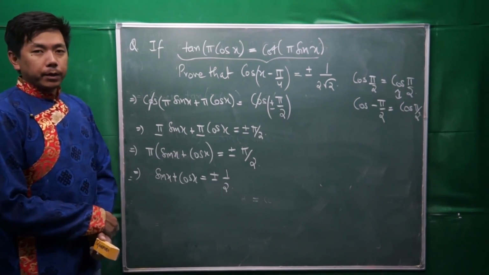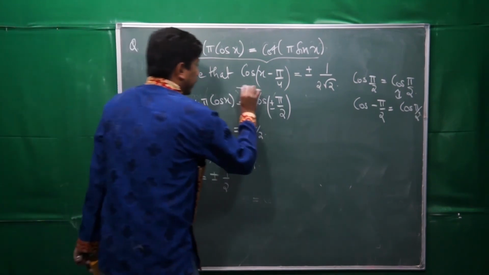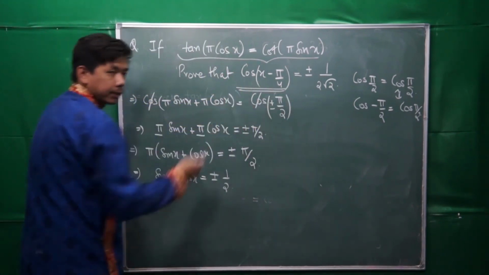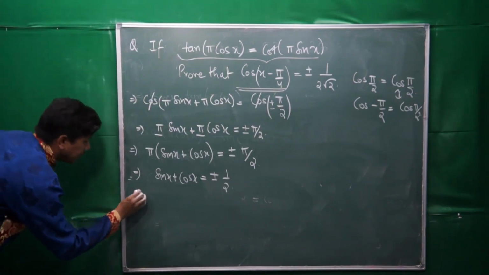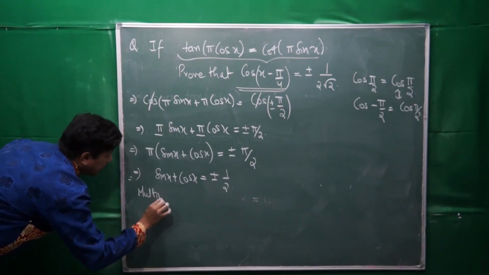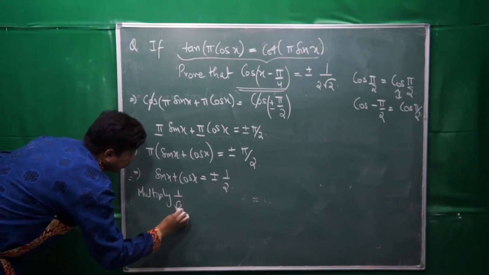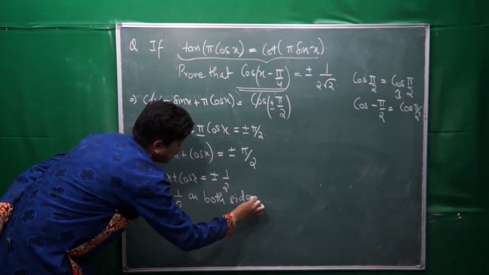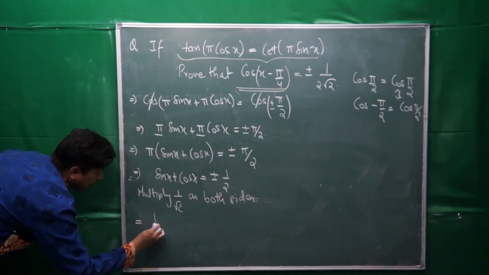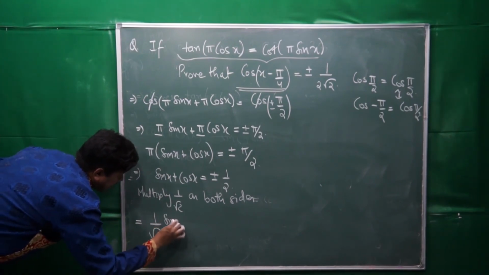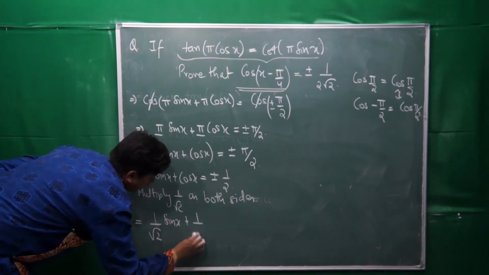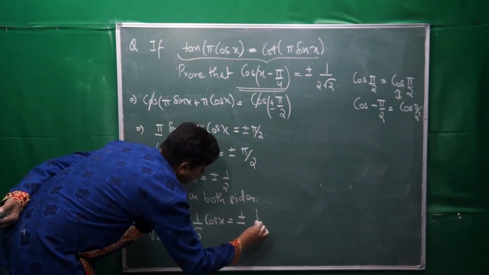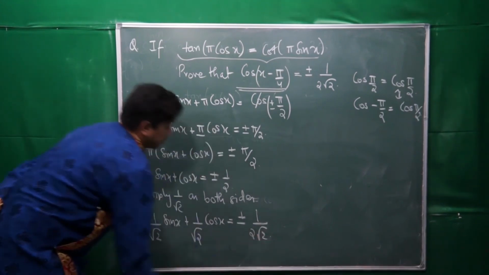Alright, so next step, we have to prove that cos of (x minus pi by 4) equals plus minus 1 by 2 root 2. From here you can see cos (x minus pi by 4) is equal to cos x into cos pi by 4 plus sin x into sin pi by 4. Keeping this in mind, we have to convert this into somewhat like this. So for that, I am going to multiply 1 by root 2 on both sides. So what is it going to give me? 1 by root 2 sin x plus 1 by root 2 cos x equals plus minus 1 by 2 root 2.